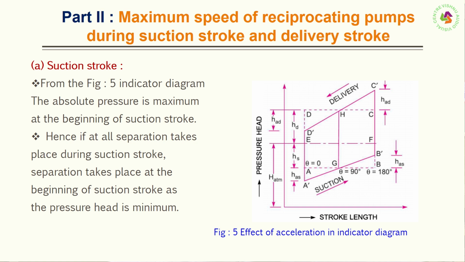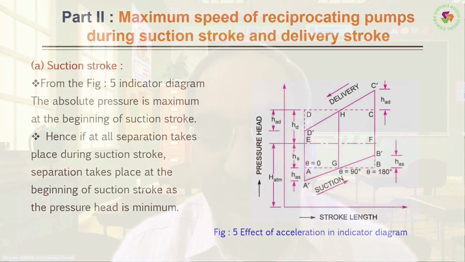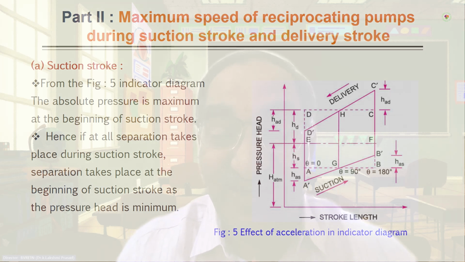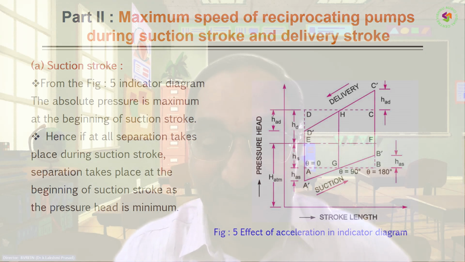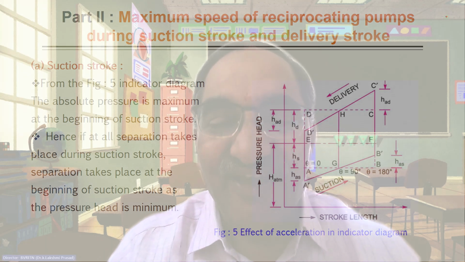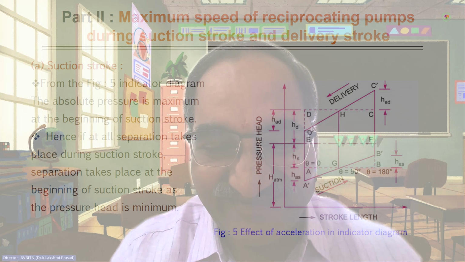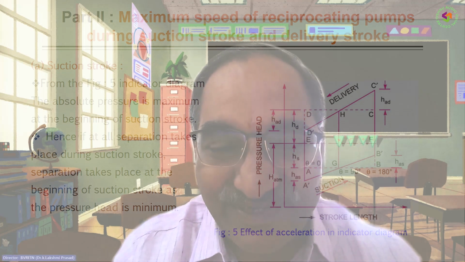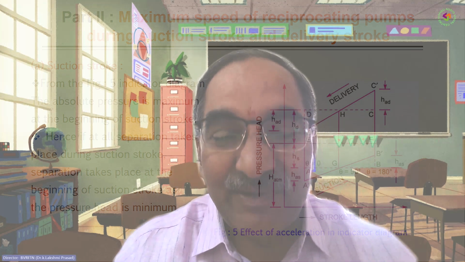This is the simple principle on which the whole derivation is done. Why? If the pressure head in the cylinder is less than the vapor pressure of the liquid, what will happen? You all know, number of times, starting from fluid mechanics, we discussed it. If the pressure at any point falls below the vapor pressure of the flowing fluid, the dissolved gases get liberated, and vapor bubbles are formed.